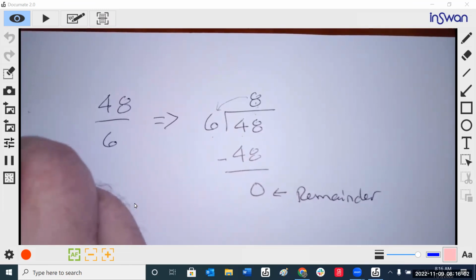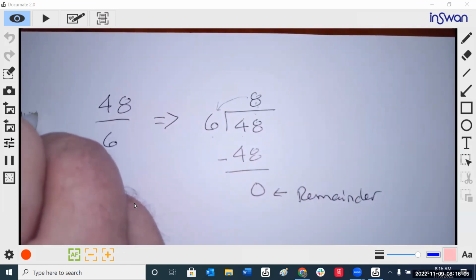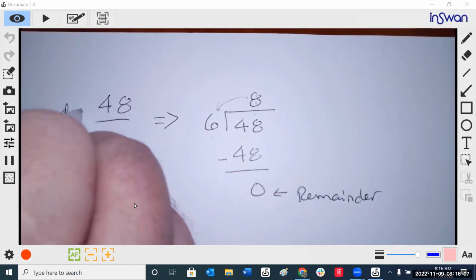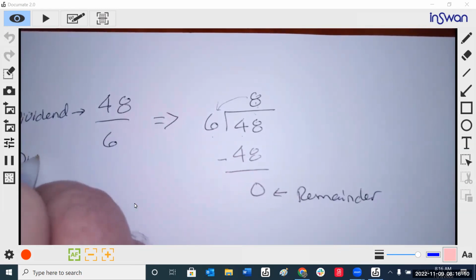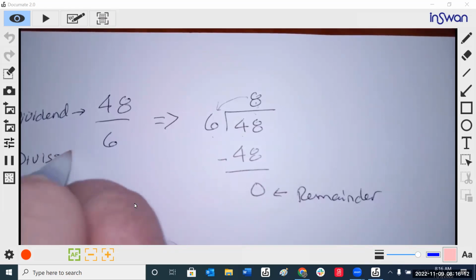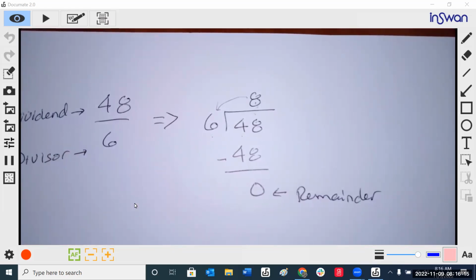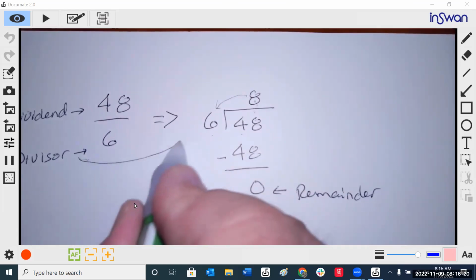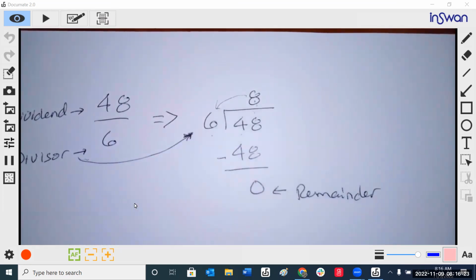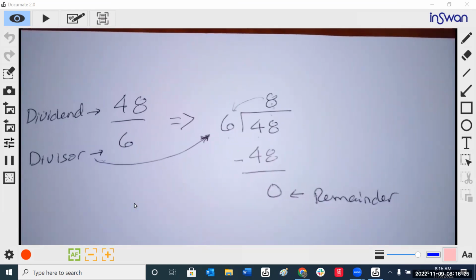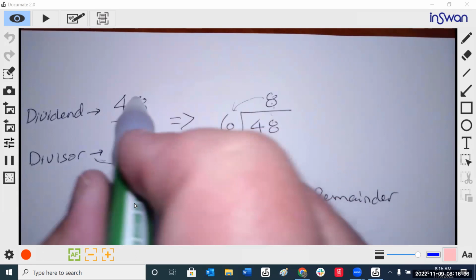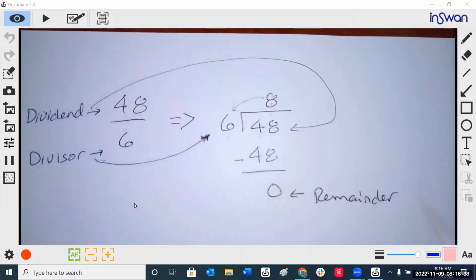The number on top is called the dividend. The one on the bottom is called the divisor. So that means the divisor is also this one here. The dividend goes inside the thingy.